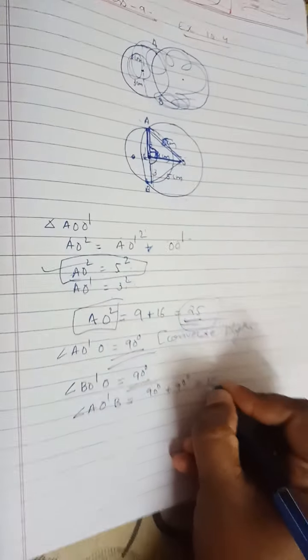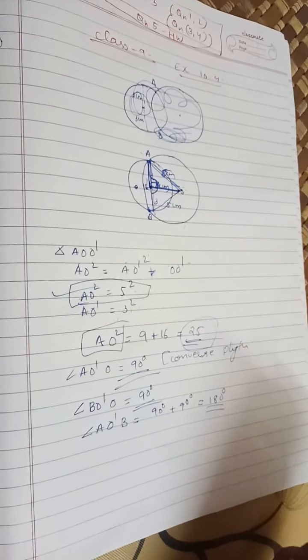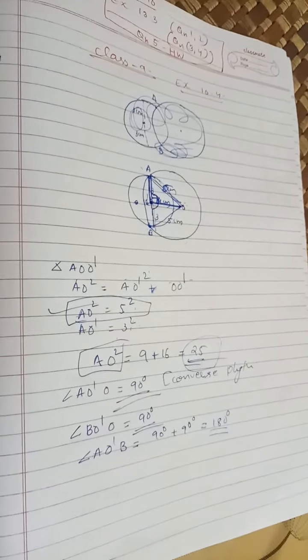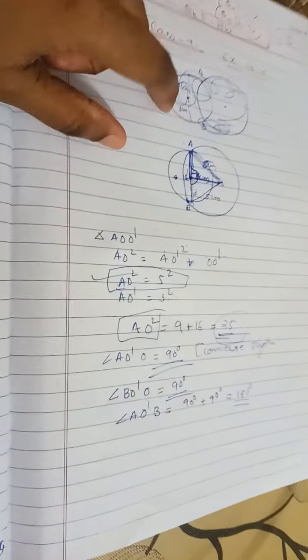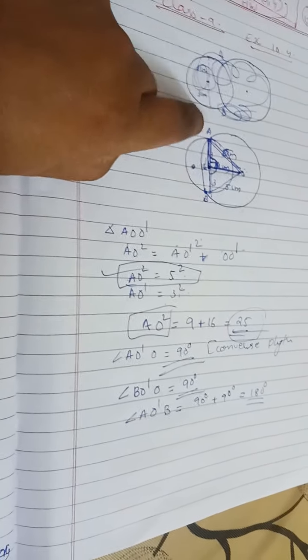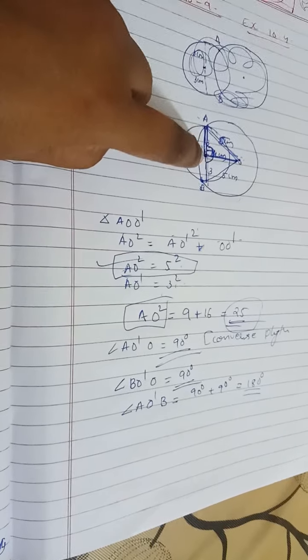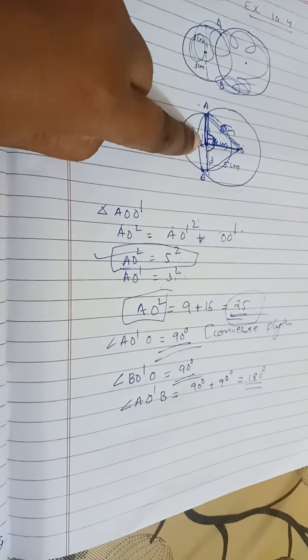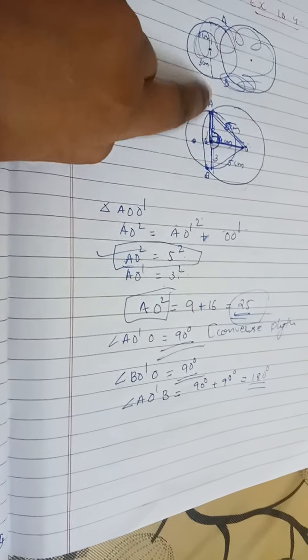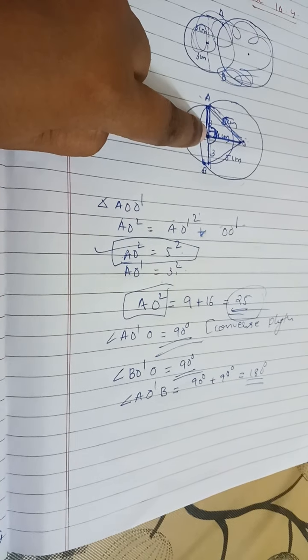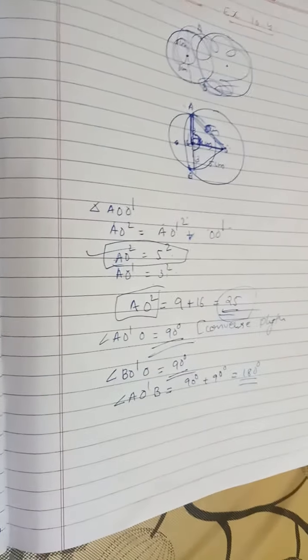We will get 180 degrees. So AO dash B is equal to 180 degrees. That means here it is a straight line, correct? It is a straight line whose midpoint is this O dash. So now we can find out the length of AB.